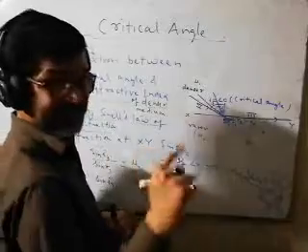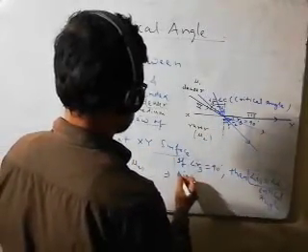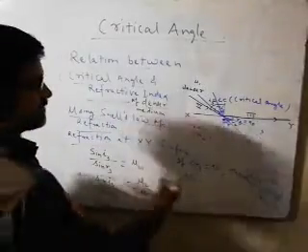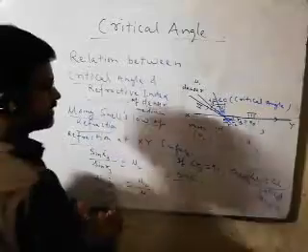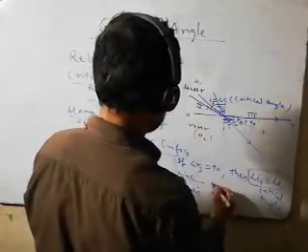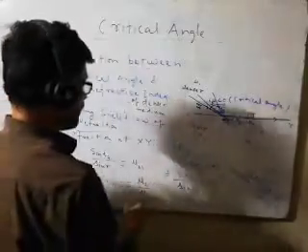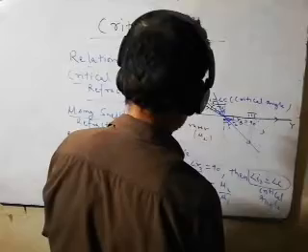What we are going to get, see, sin C, in the place of I3 we are writing C for critical, and in the place of R3 we are writing 90 degrees, equals mu2 by mu1.